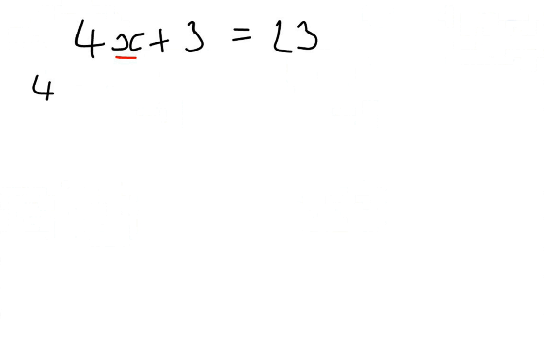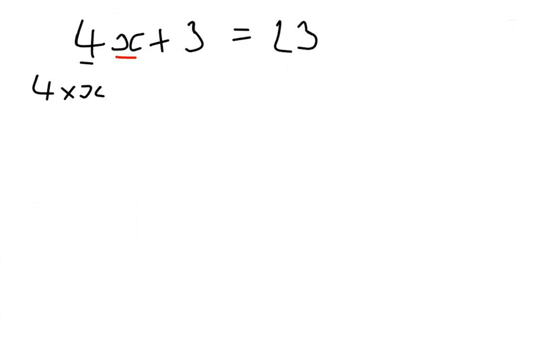Let's just get rid of that. Okay, so say you are given an equation to solve, and that equation is 4x plus 3 equals 23. Okay, so what this means is that x is an unknown number. 4x means 4 times x.